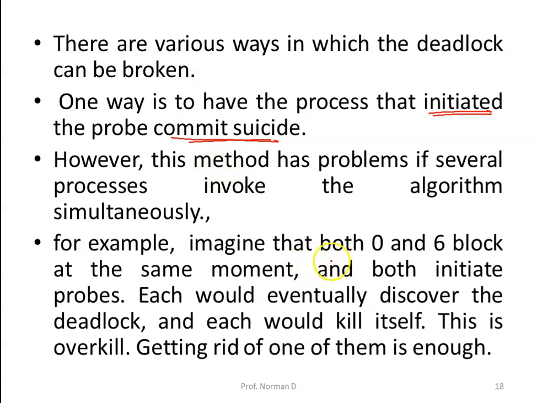For example, what can happen is, in case process 0 and process 6 block at the same moment and both initiate probe messages, both these processes will eventually discover that there is a deadlock and both will try to kill themselves. So this will cause an overkill. We do not want more than one process to commit suicide. It is sufficient for just one process to be killed. So this is how the Chandy-Misra-Haas algorithm works.